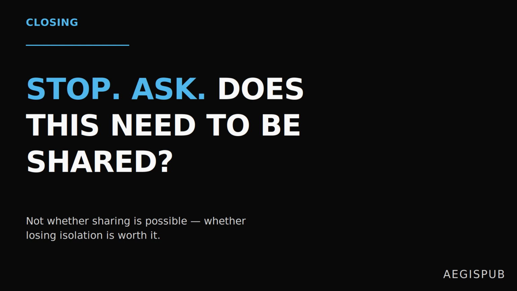That is a very different posture from the organization that shares components because sharing was the default, has never enumerated what it has shared, and discovers its common mechanisms for the first time when an attacker traverses one. Security is not about eliminating sharing. It is about making sharing a conscious decision rather than an accidental accumulation.